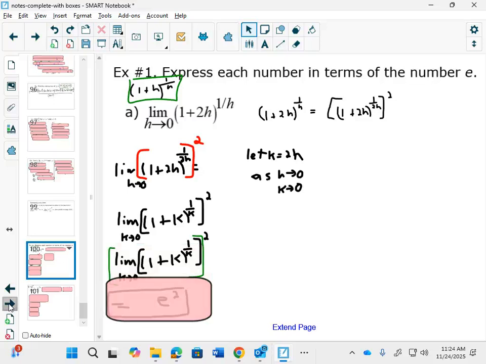This inside part is e, so by adding that 2 inside, it's going to get closer and closer to e squared. We haven't done limits for a while. Remember your limit properties? That you can do the limit of the inside and then square it afterwards?